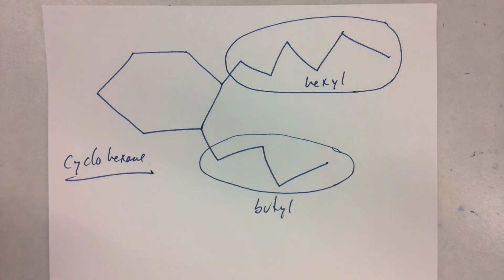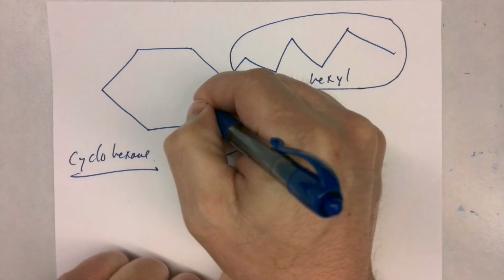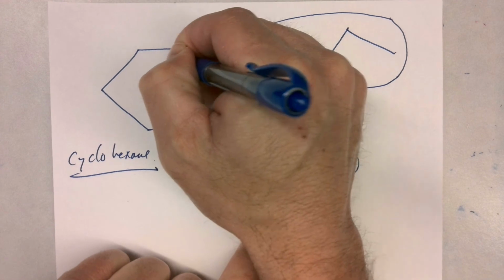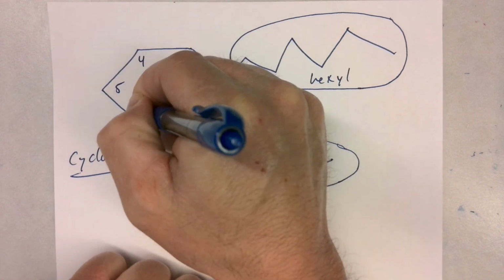Now I know that I'm going to start numbering them 1 and 2 or 1 and 2, right? Because we've already kind of talked about this, how do I know where to start my numbering? Alphabetical. B comes before H, that's going to be my 1, which makes that my 2, right? Correct?